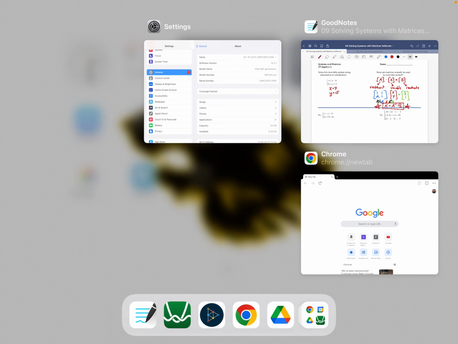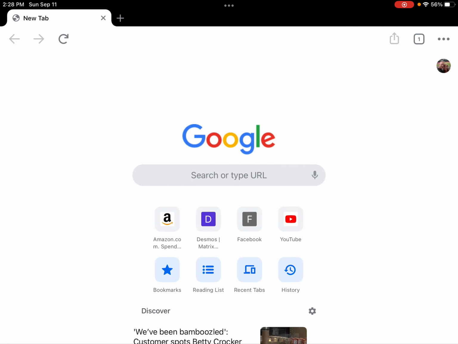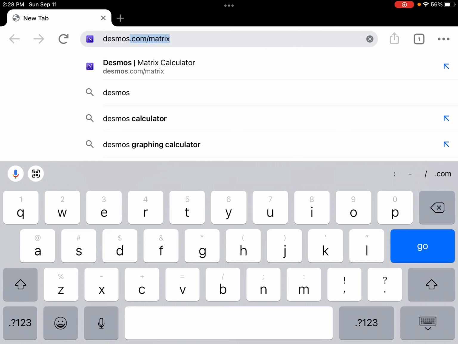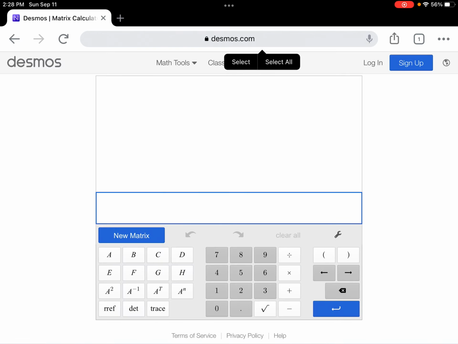Let's go to Desmos. What you want to do on your computer, most likely, is go to, remember, desmos.com/matrix. Maybe you already have that bookmarked. And this is our magic little place.